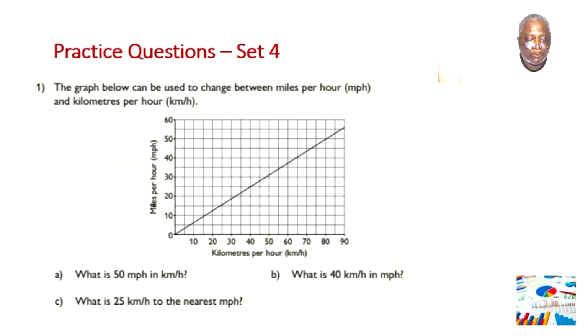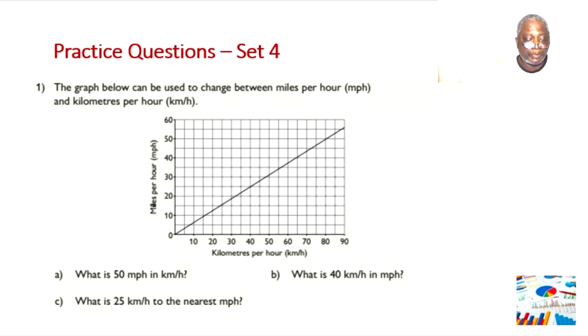Let's look at practice question set 4. Here is another graph which can be used to change between miles per hour and kilometers per hour. Look at the vertical axis, look at the horizontal axis. The intervals are 10, 20, 30, 40, 50, 60, 70, 80, 90, in 10s.